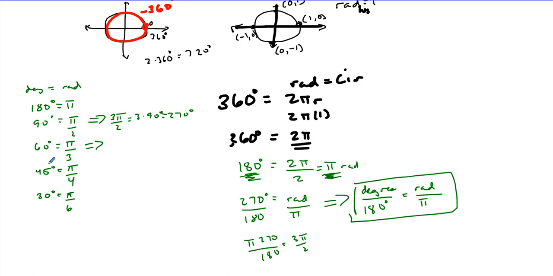For example, if I had pi over 3 and any multiple of pi over 3, say 4 pi over 3, that's 4 times 60 degrees, and that's going to equal 240 degrees right there. And if I had 5 pi over 4, that's 5 times 45 degrees, and that's going to equal 225 degrees, and so on and so forth.